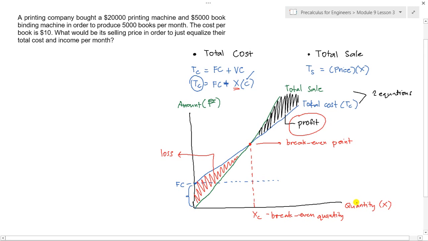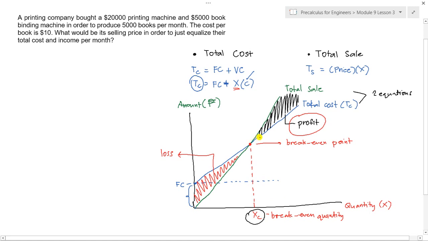In our example, chicharon, we have two equations and two unknowns, so we can solve for x and y. The solution is what satisfies our given equations.